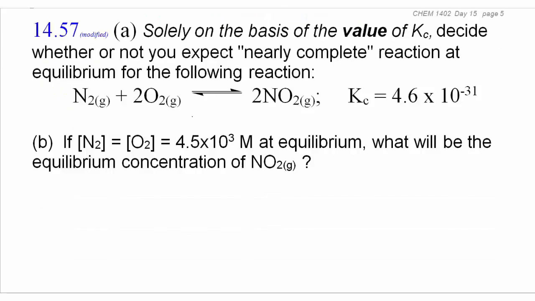Solely on the basis of the value of Kc. So just looking at the number, decide whether or not you expect nearly complete reaction at equilibrium for the following reaction. So all they're saying is it's a conceptual question. Kc, remember, is products over reactants.